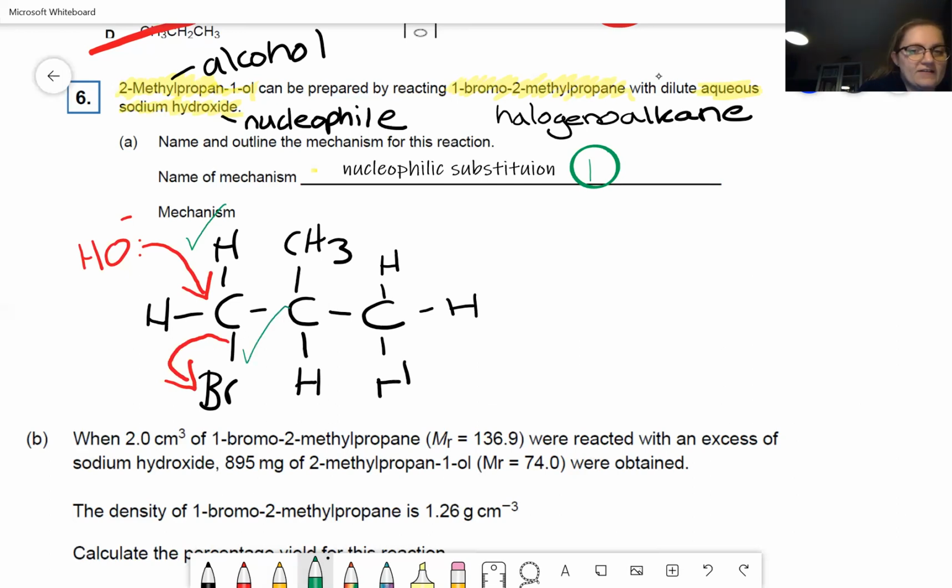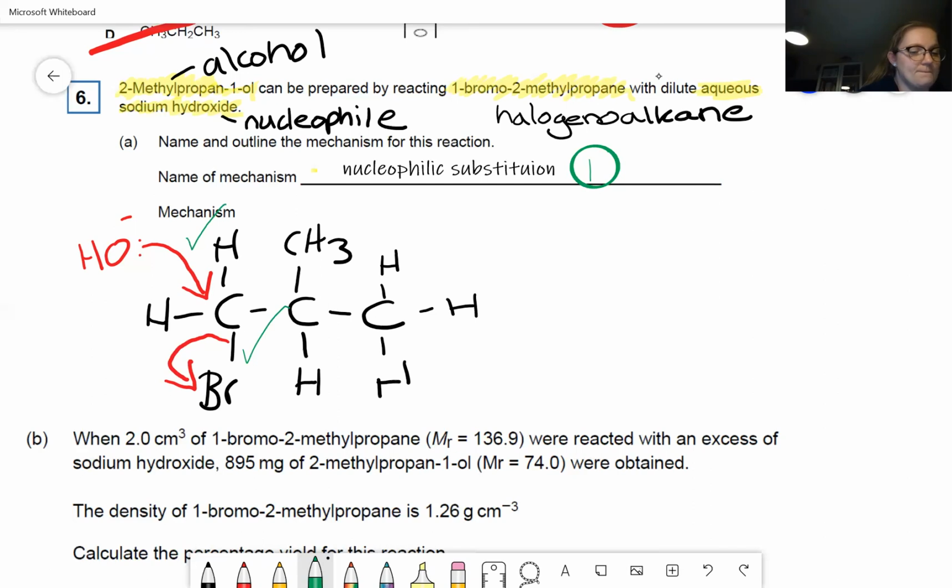It has to be on that bond. If you had any extra arrows on sodium hydroxide or any additional arrows from bromine to anything else, you would get marks knocked off. If you drew out the wrong reactant or wrong product, you would lose some marks there as well.